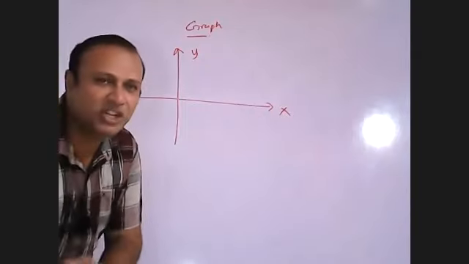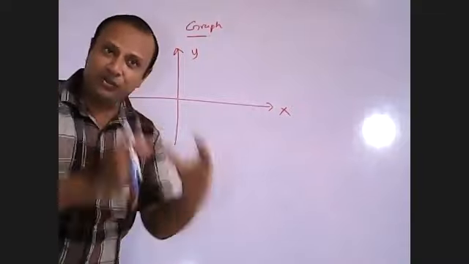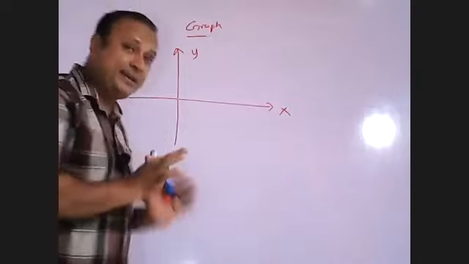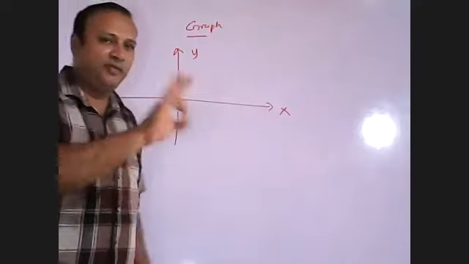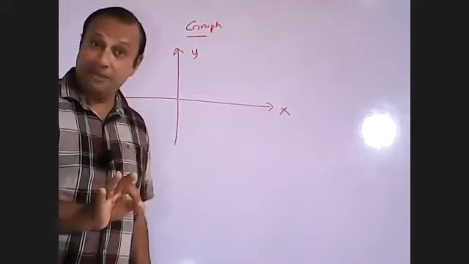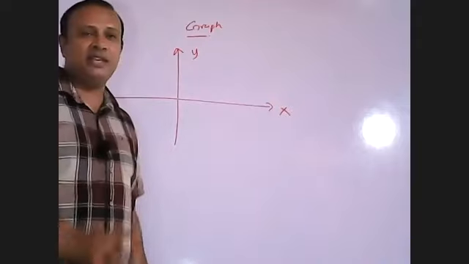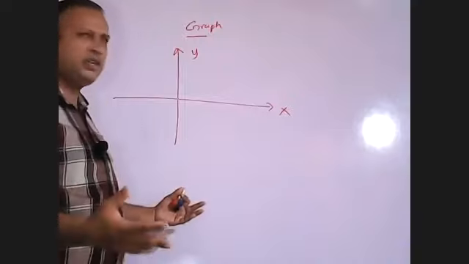Location and shape. If a graph is a drawing on a Cartesian plane, then we should know two things to draw a graph. The first thing is location.